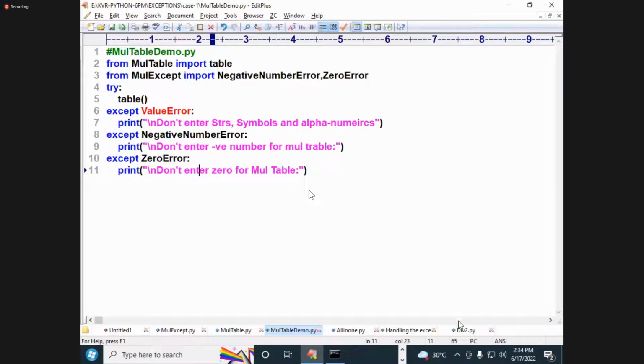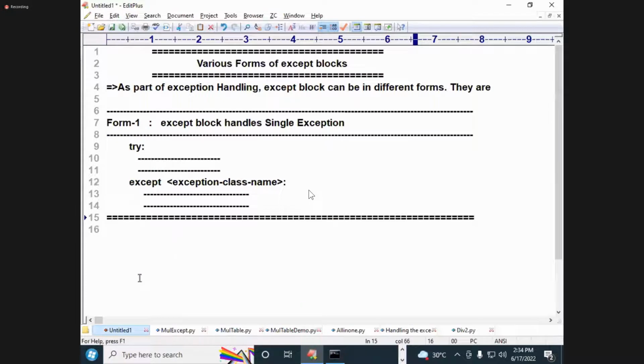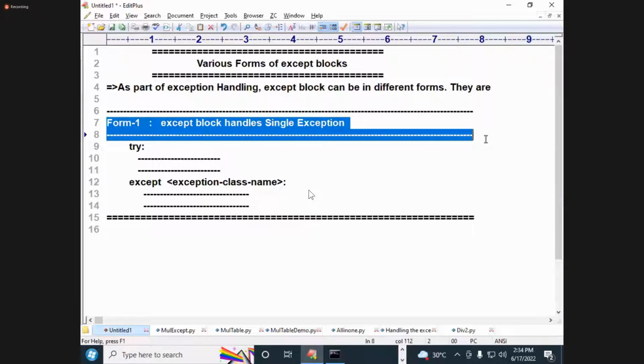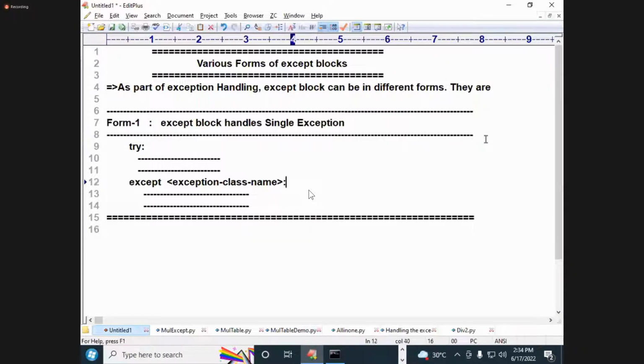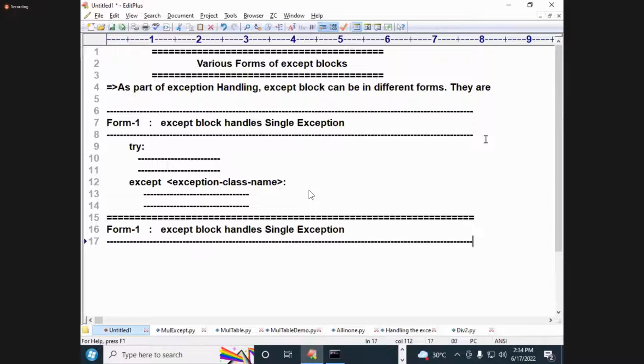So on that area, nothing more to say because we already used a number of examples. The second one I am going to talk about is also an important point. See the second one: a single except block handles multiple specific exceptions.